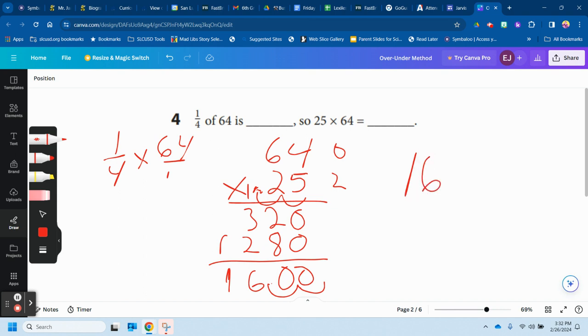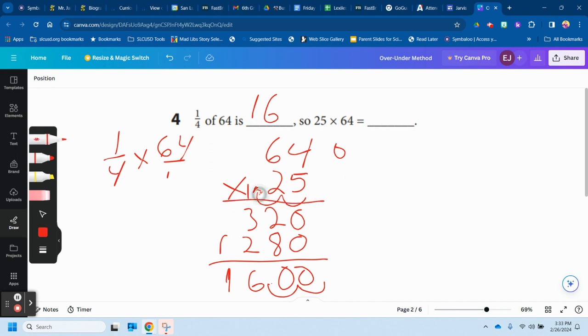So more importantly, if 1/4 of 64, or 25 hundredths times 64, is 16, what would just 25 times 64 be? Well, I did 25 times 64 right here, and I got 1600.